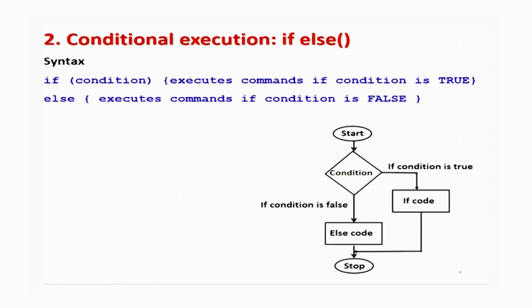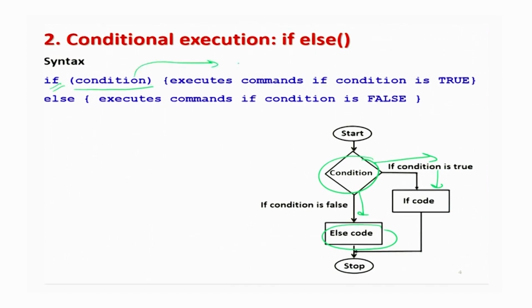And after that we had considered the conditional execution, in which we were trying to say that in case the condition is true, then some codes have to be executed, and if the condition is false, then some other codes have to be evaluated. So the syntax was you write here if, and then within the parenthesis you write the condition.